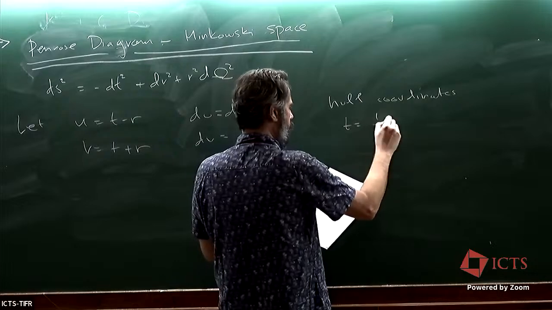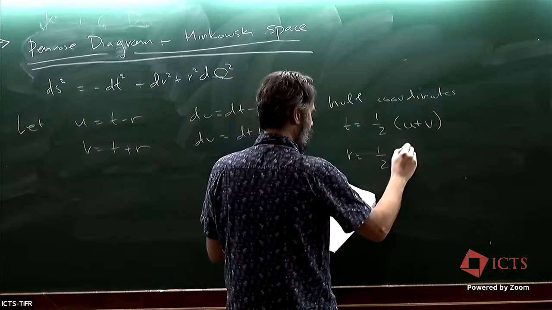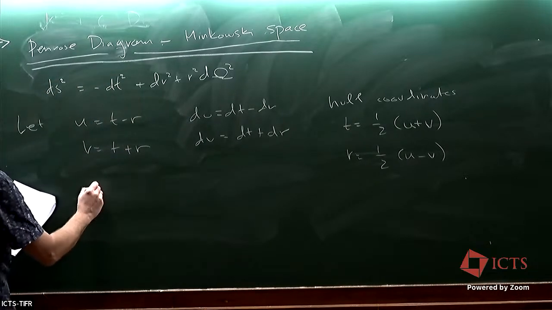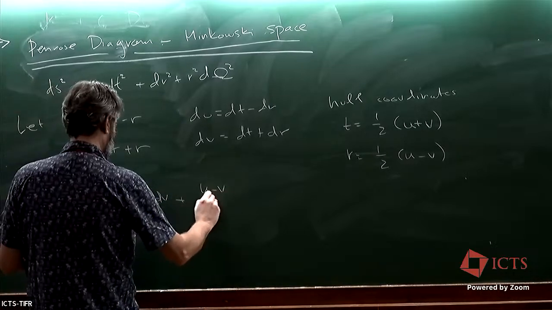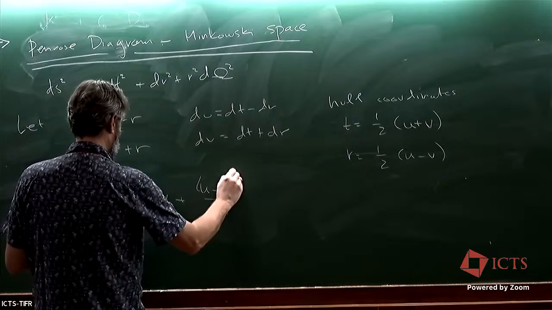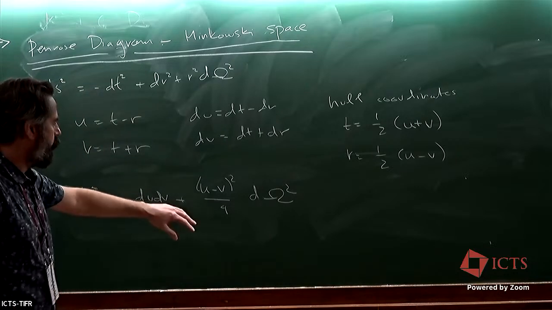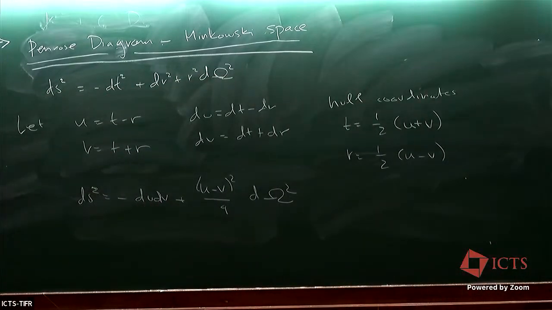And I can, of course, write T and R in terms of U and V as well. And then the line element takes this simple form. And notice the similarity, if I forget about the angular part, between this and that: the capital U and V here play the role of the small u and v there.